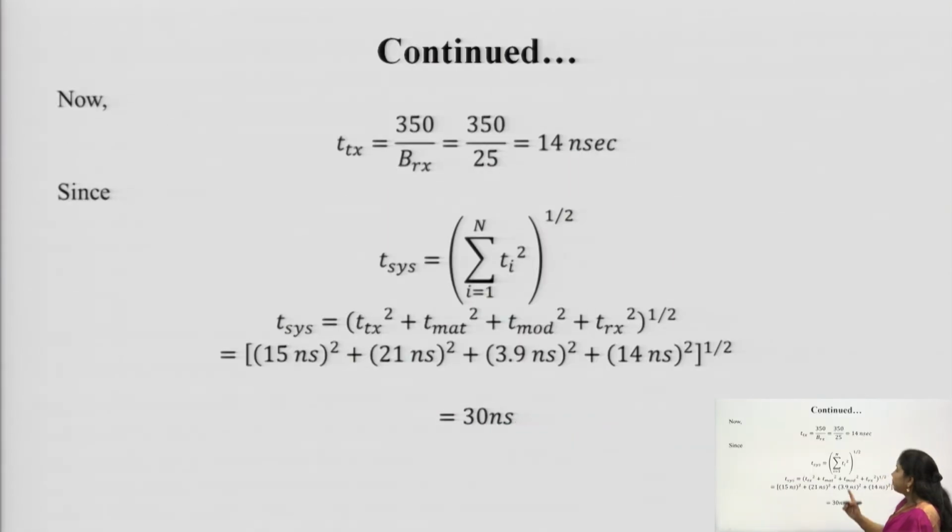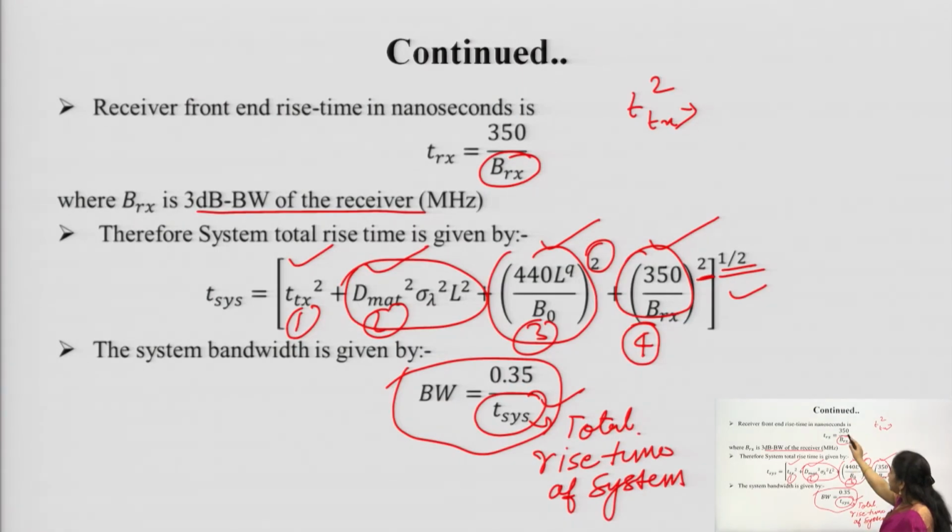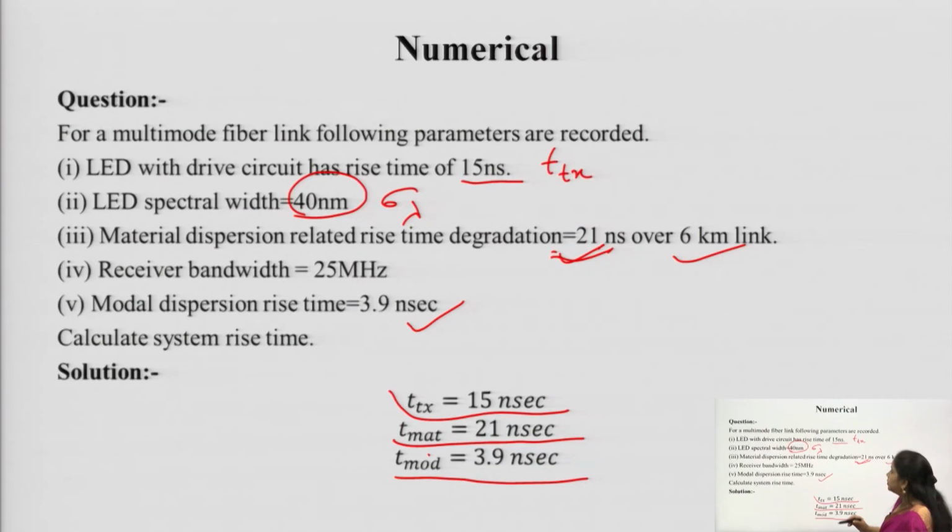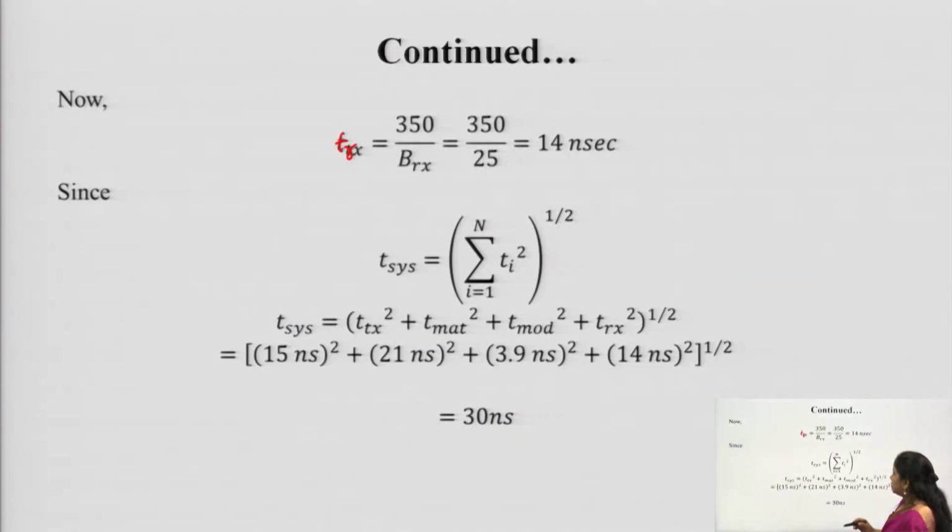So, we have to calculate TRX, that is the receiver rise time, and as per the numerical it is given as 350 upon beta Rx. After calculating we will get this, and then the total rise time of the system.